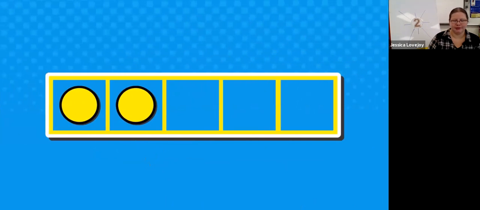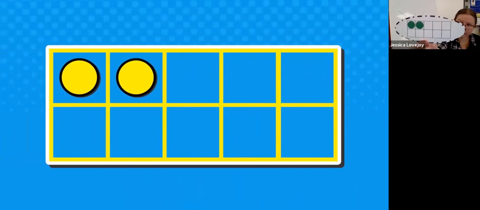I can show the number 2 as a numeral, like this. 2. I can show the number 2 in a 5 frame, like this. 2. I can show the number 2 in a 10 frame, like this. 2.